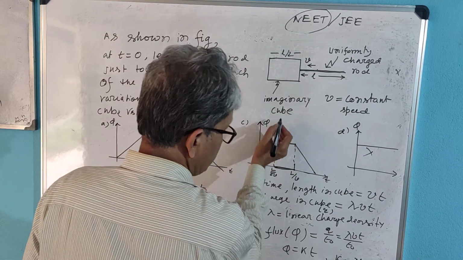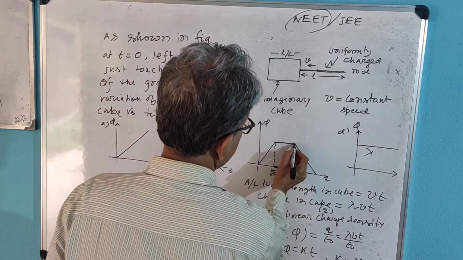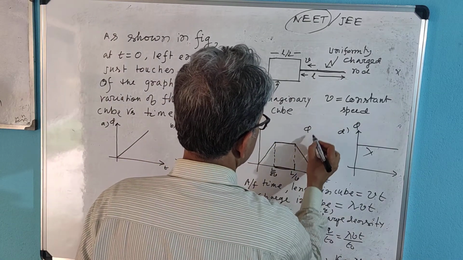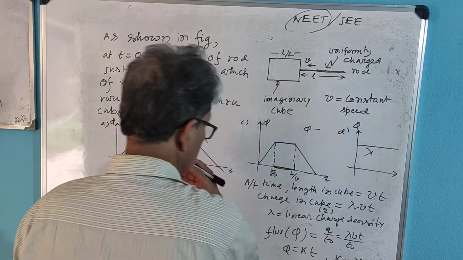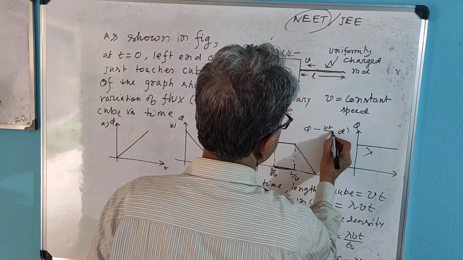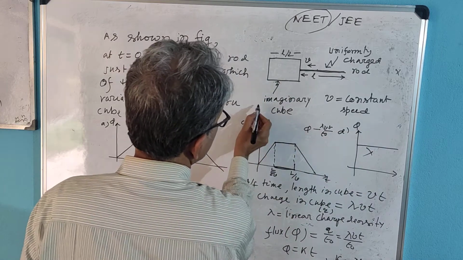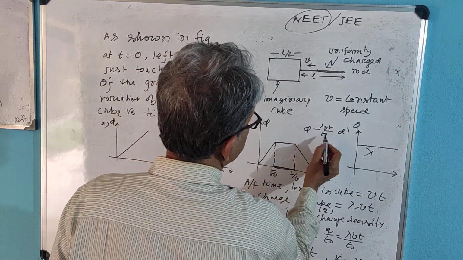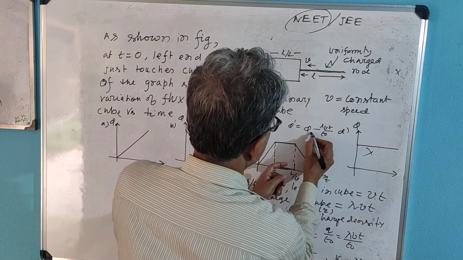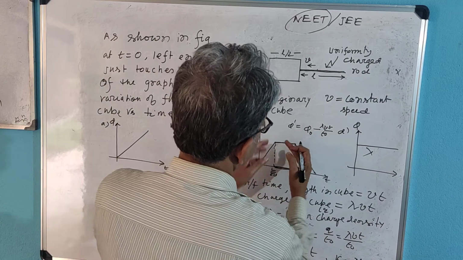Then when it comes out, the flux will again decrease. Suppose phi 0 flux has entered. After entering the total L by 2 length, the flux coming out is phi 0.